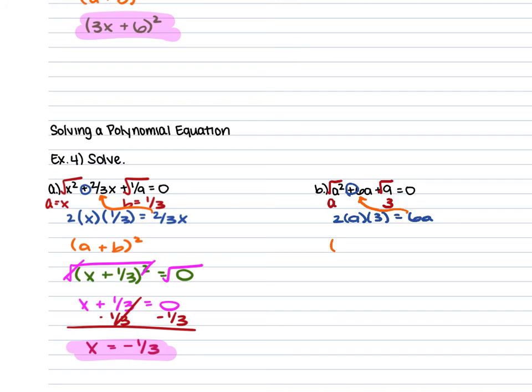So this factors out to be a plus 3 squared is equal to 0. We're going to take the square root of each side here. So this just cancels out our power, and we have a plus 3 is equal to 0. We subtract the 3 over, and we get a is equal to negative 3.